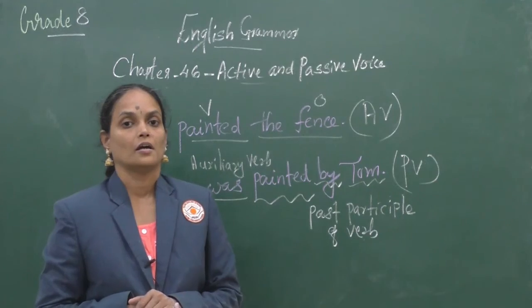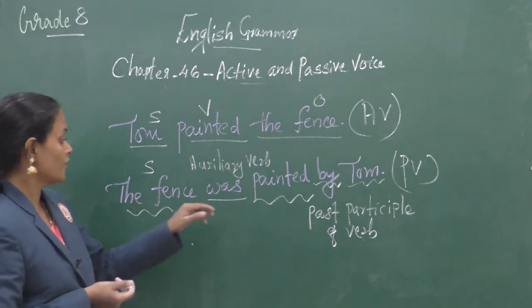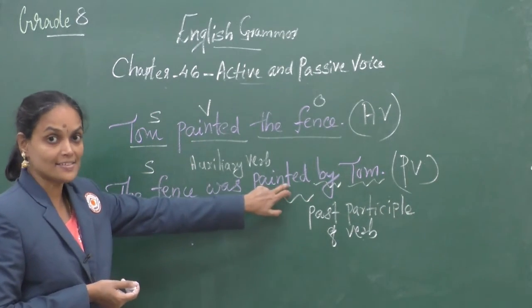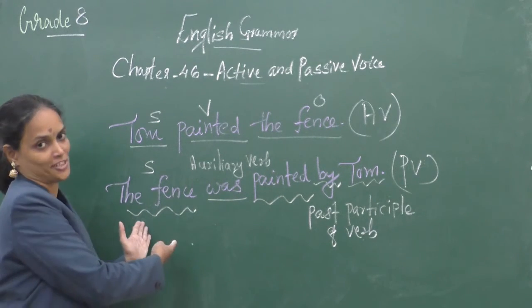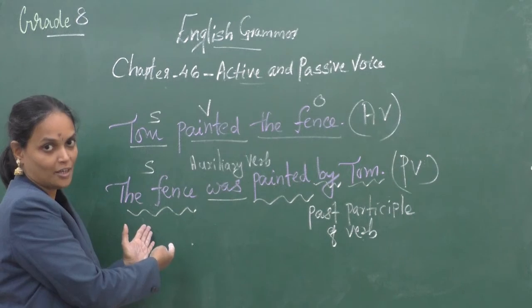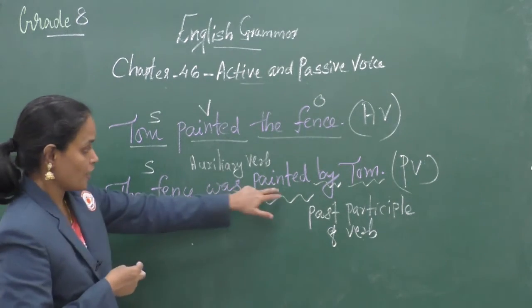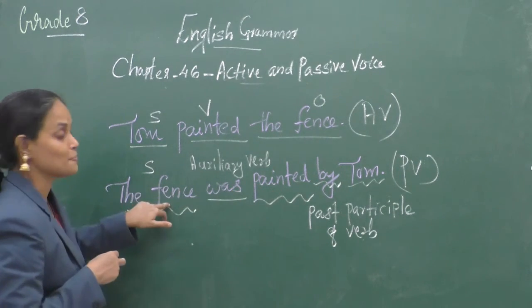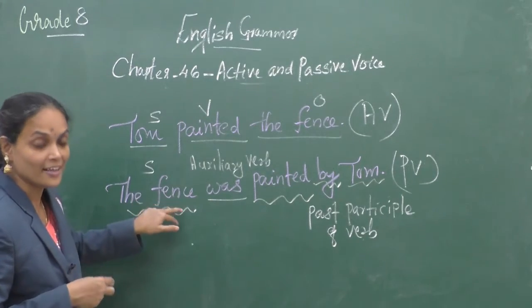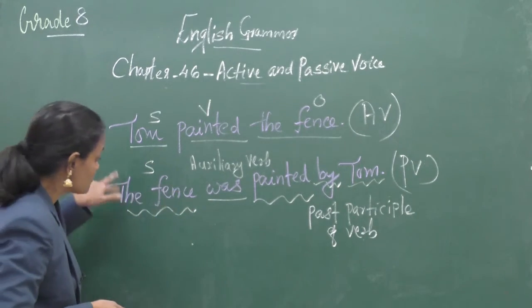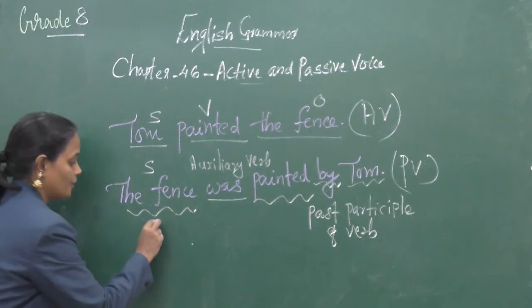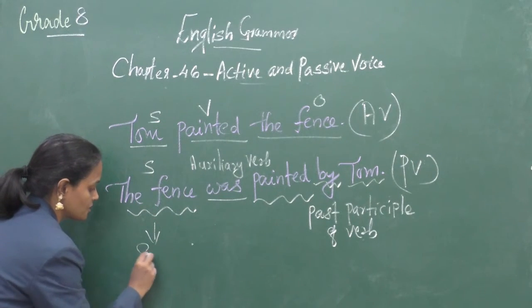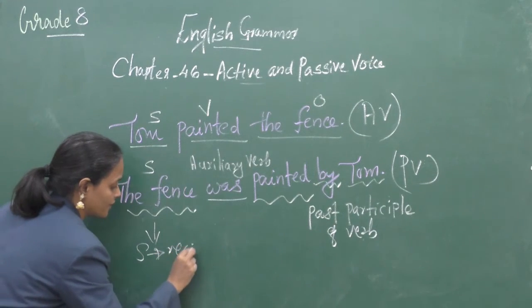Tom painted. And in passive voice, the verb painted tells us what has happened to the subject. Fine. Who receives the action of being painted here? The subject fence. So here in passive voice form, subject is the receiver of the action.